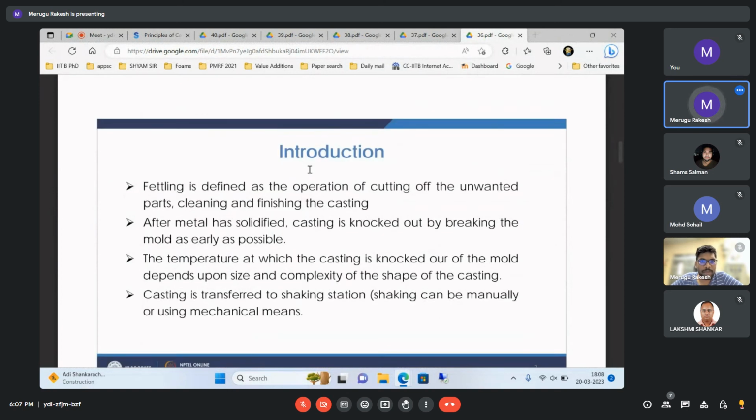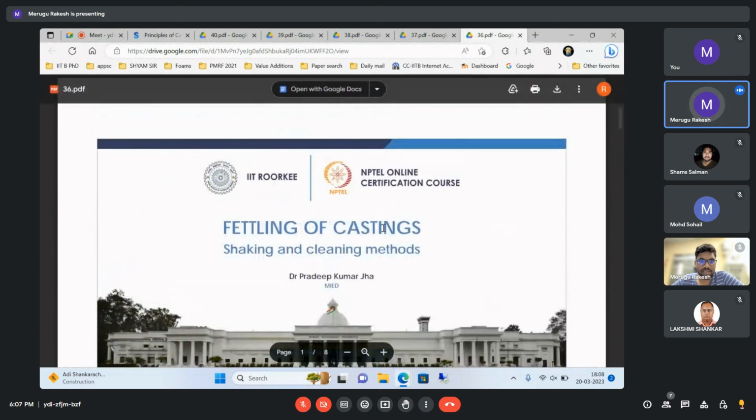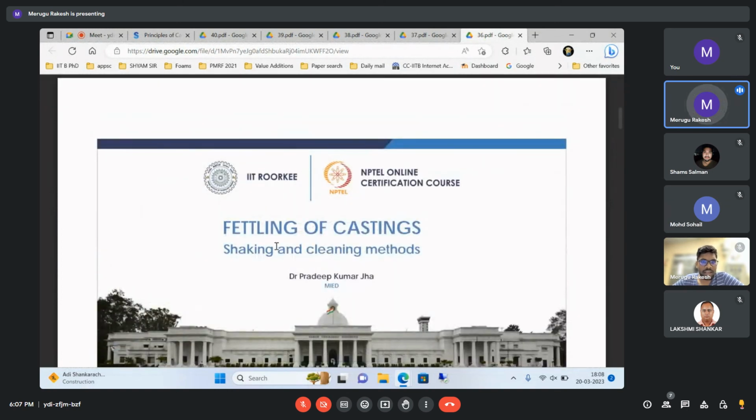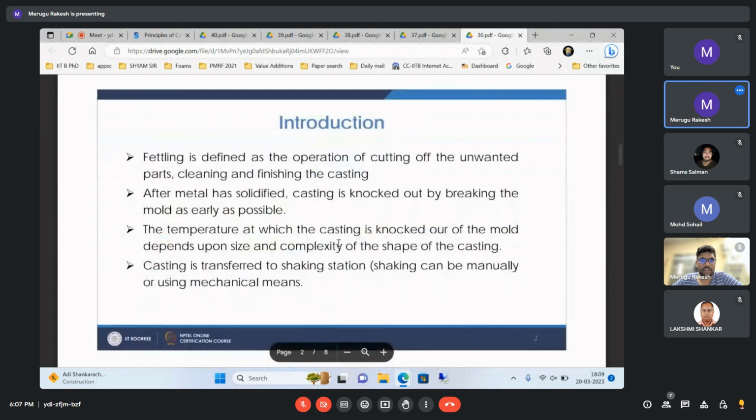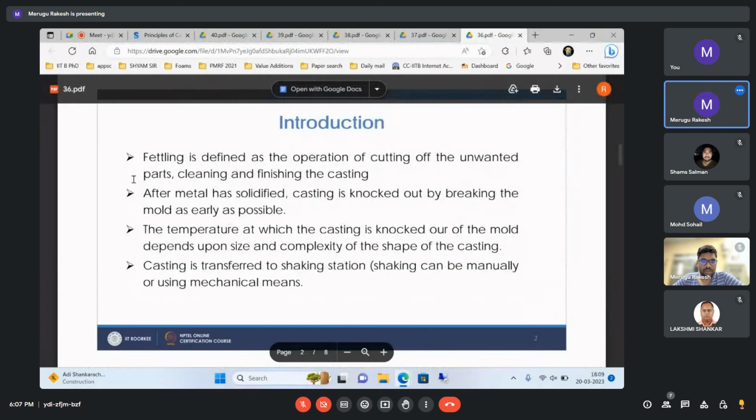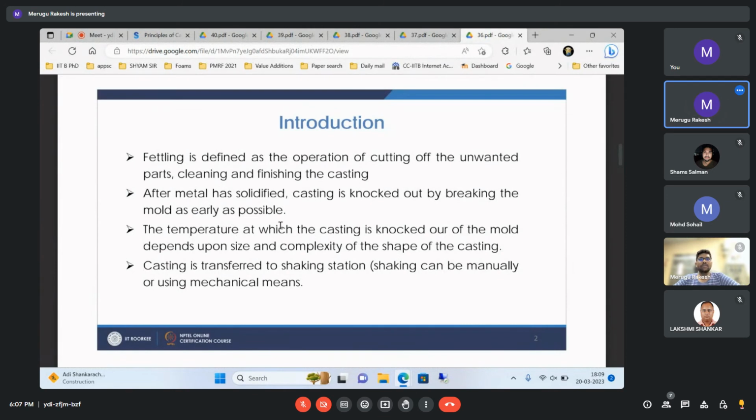The first thing in this session is the fettling of castings. It is also called shaking and cleaning methods. This is the post processing of casting, to be precise. Fettling is an operation to cut unwanted material, then clean and finish the casting.